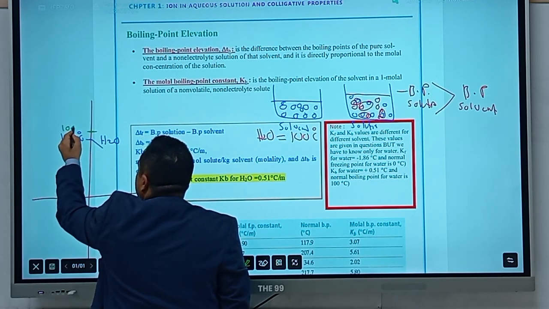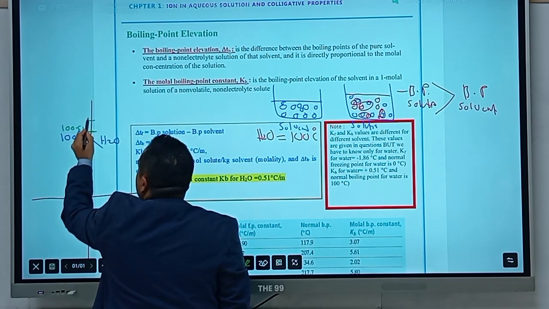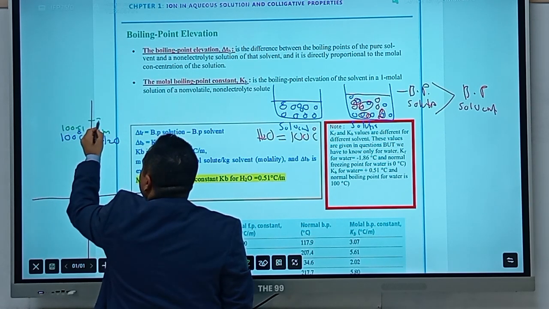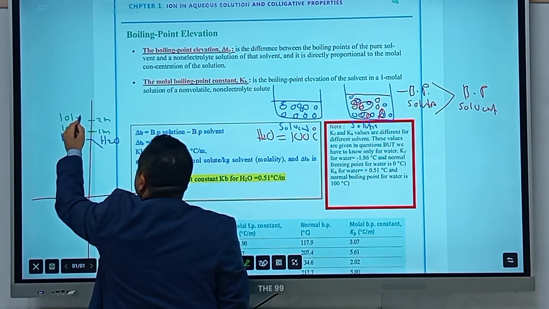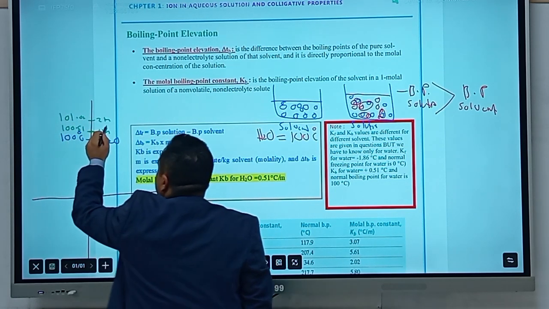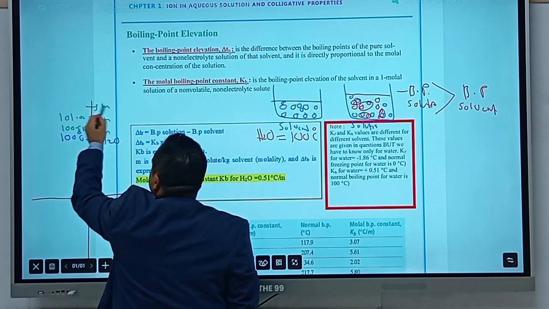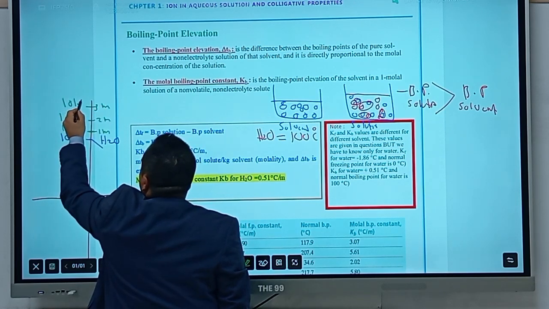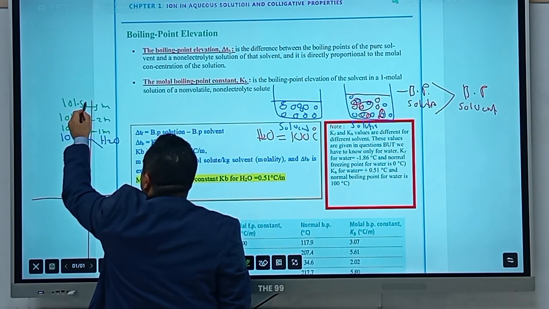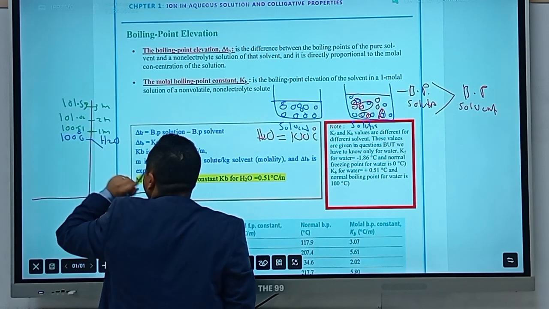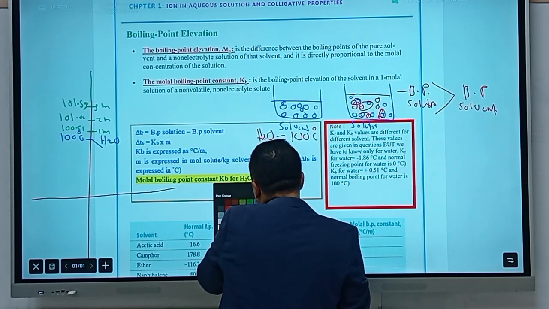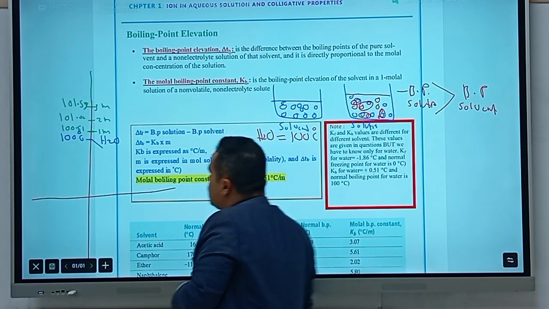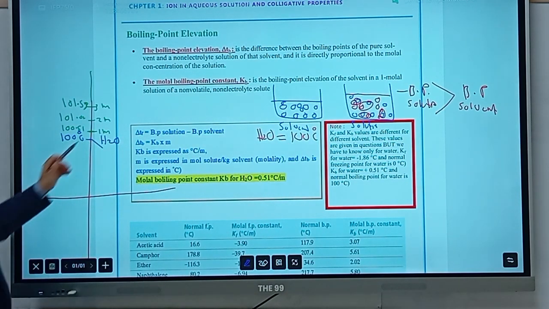So here we have 100.51 for 1 molarity. 2 molarity, the increase is twice, 101.02, something like that. 3 molar, 101.53 or something like that. And so on, guys.